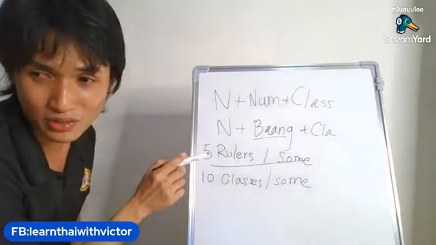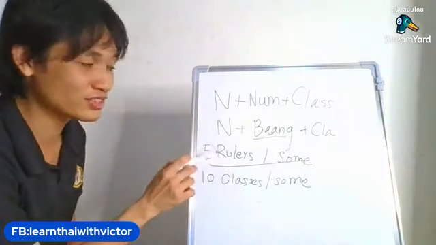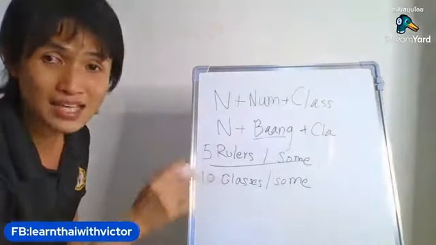Does anyone know this word, ruler? ruler is ไม้บรรทัด. So when you use the word 5 rulers, it is ไม้บรรทัด for the noun. Now you have to use the classifier อัน, right? ไม้บรรทัด 5 อัน means 5 rulers.